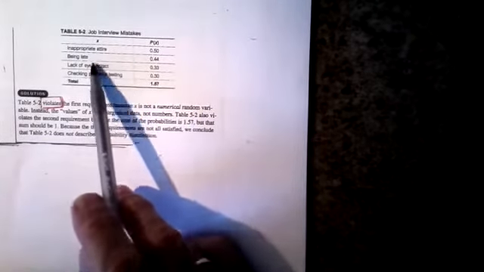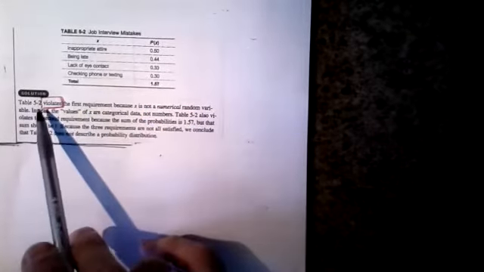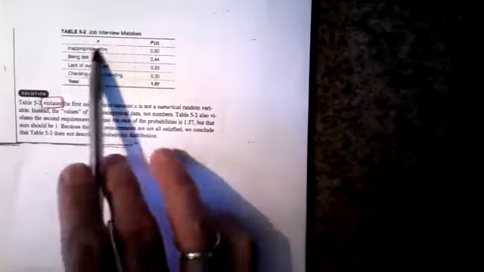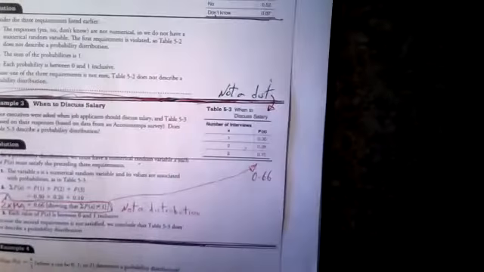So in this problem, the x value is not a number. So this table violates the first requirement because x is not a numerical random variable. See, this x has to be a numerical value. See these problems here?